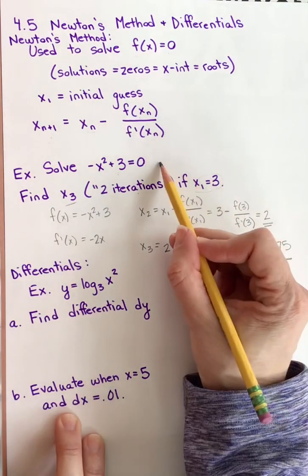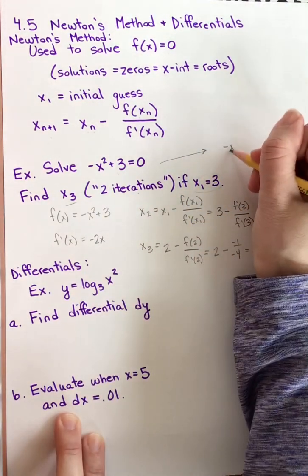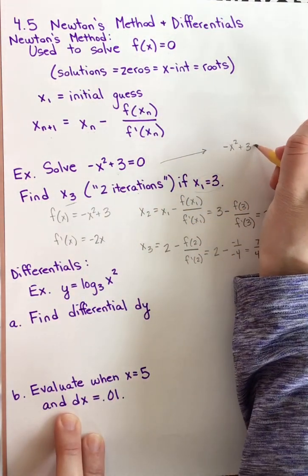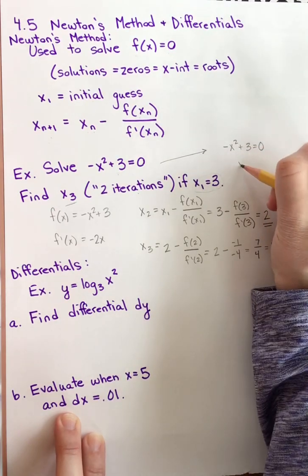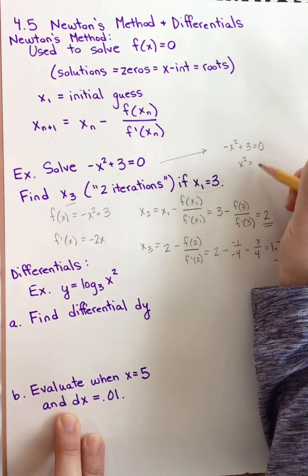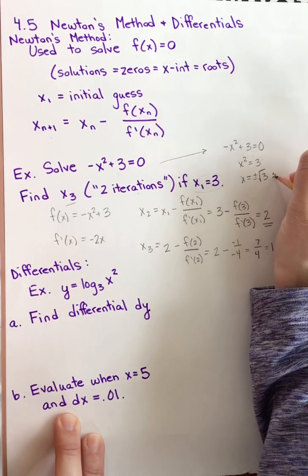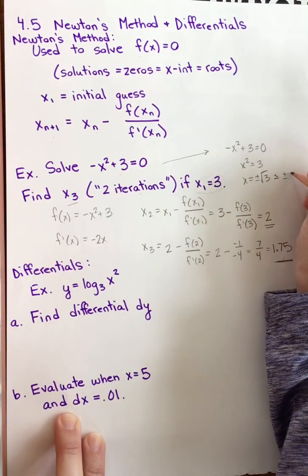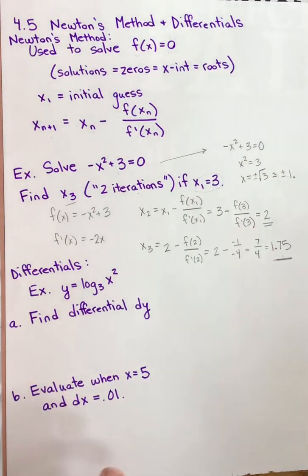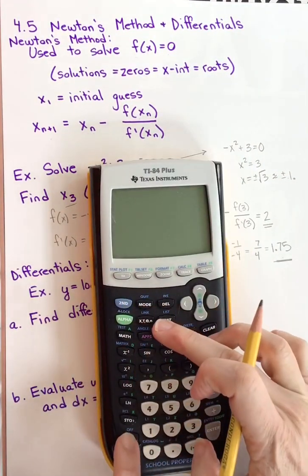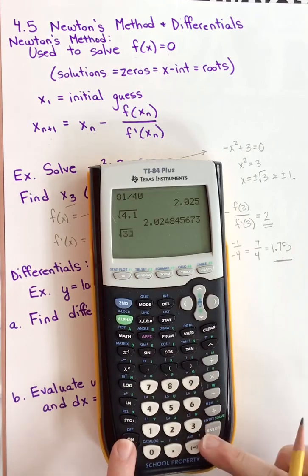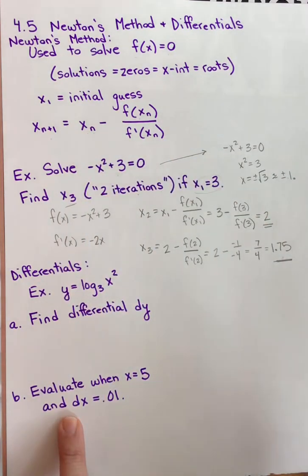Let's talk about what the actual solution would be. I could solve this with algebra. I get x squared equals 3. x equals plus or minus square root of 3. Some of you might recall that would be 1.73. Let's see, square root of 3 is 1.732.